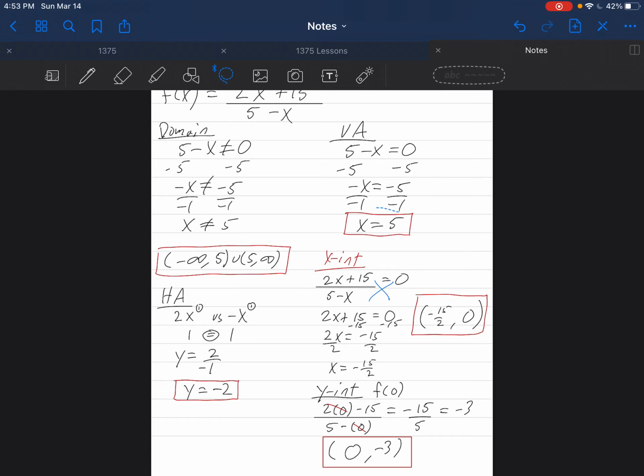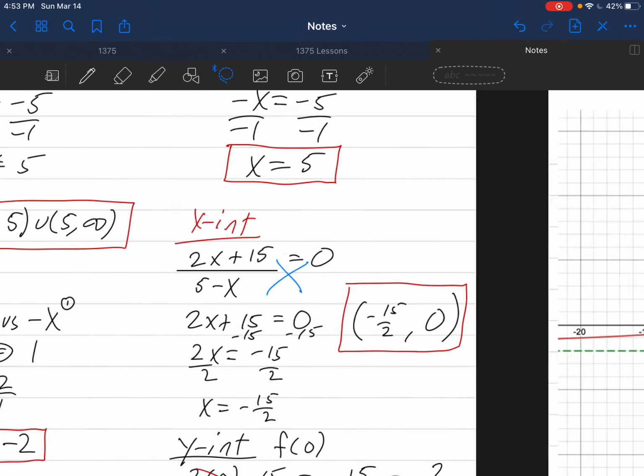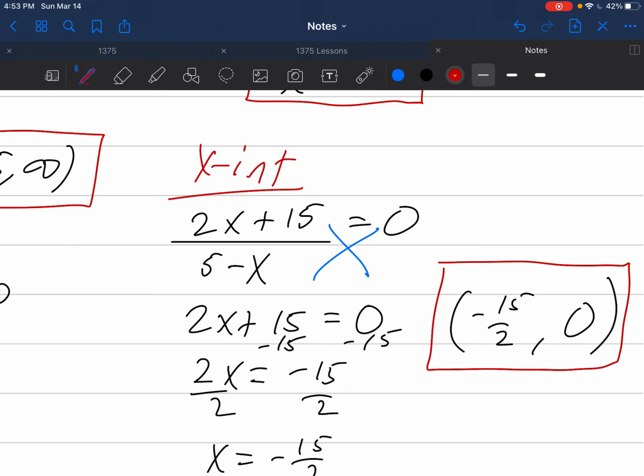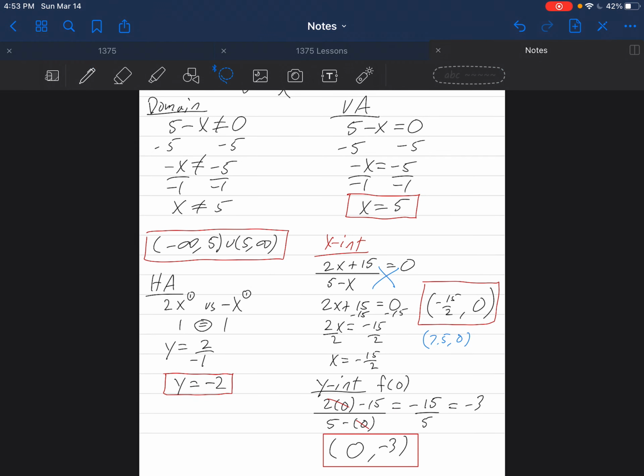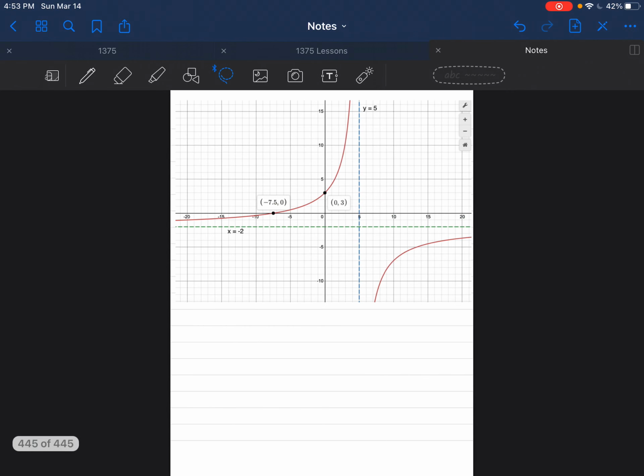We have a vertical asymptote located at x equals 5. We have a horizontal asymptote located at y equals negative 2. We have an ordered pair of negative 15 over 2 comma 0, which is equal to 7.5 comma 0 written as a decimal. And then we have 0, negative 3 as the y-intercept.